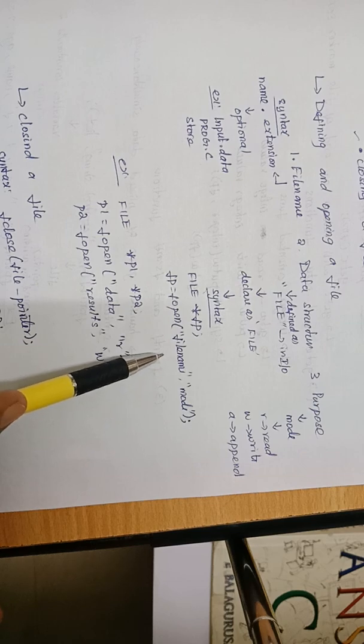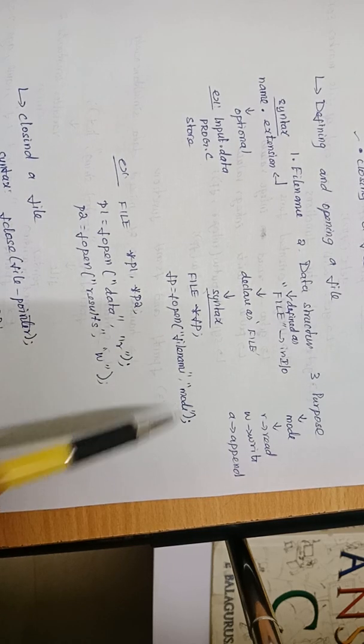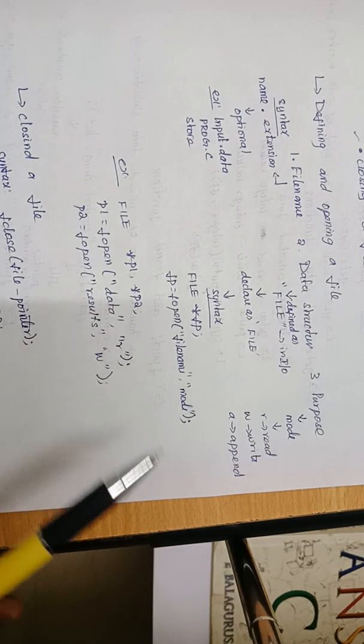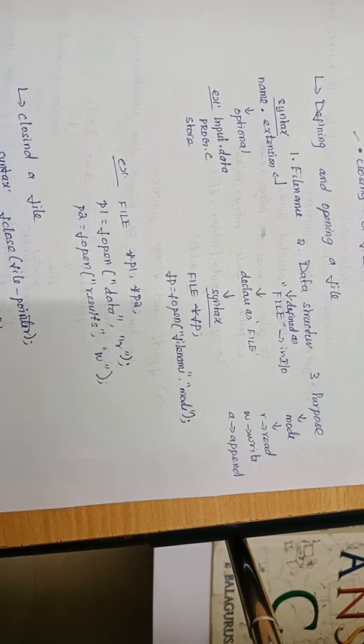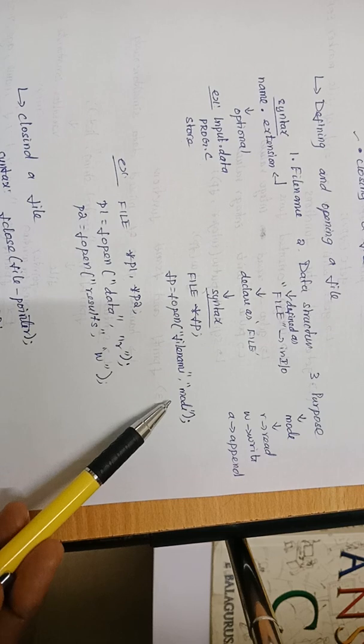If a file exists with that name, it will delete the content and write whatever content we give. So we should be very conscious when we open a file in write mode.